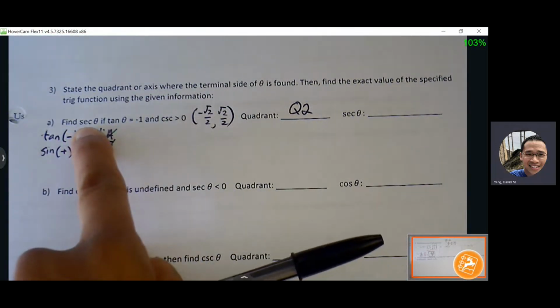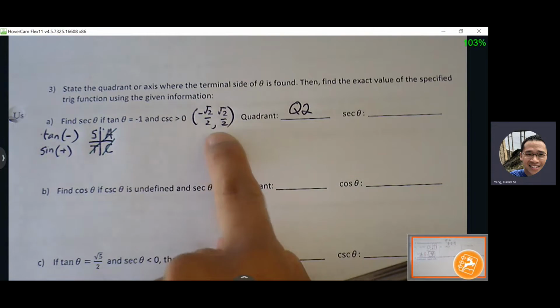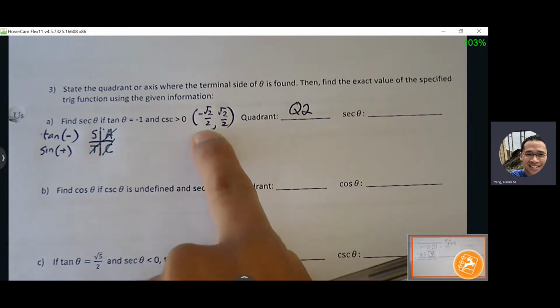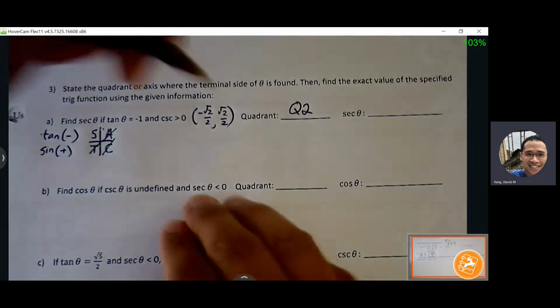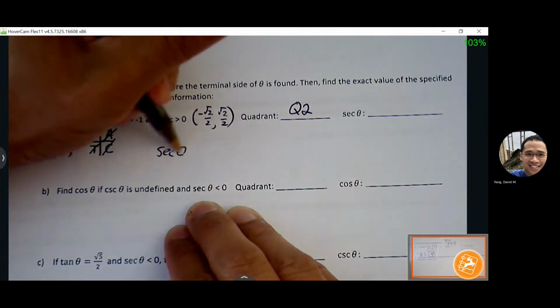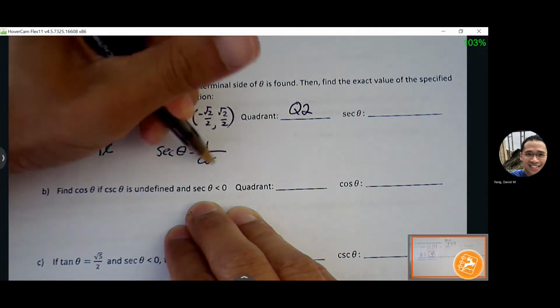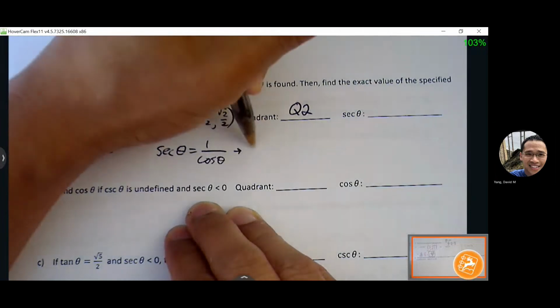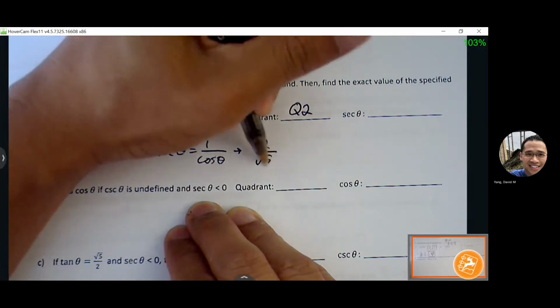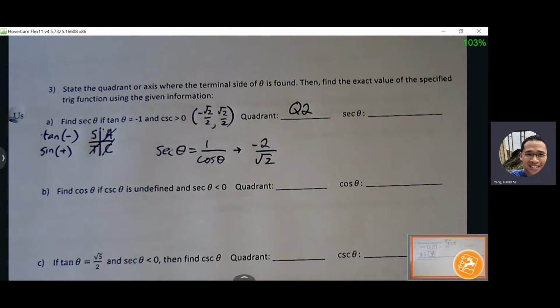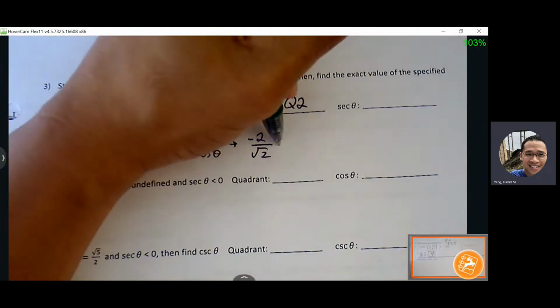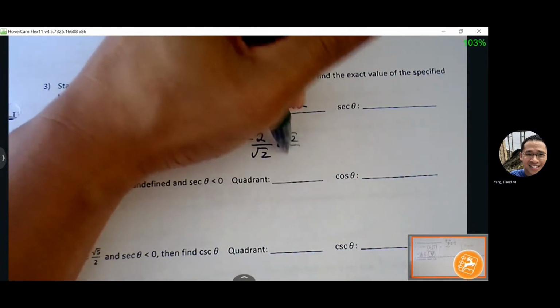So secant is related to the what? The x or the y? Yes. The x. Just have to do what with this? Flip it, right? If I flip -√2/2, I can rationalize the denominator.